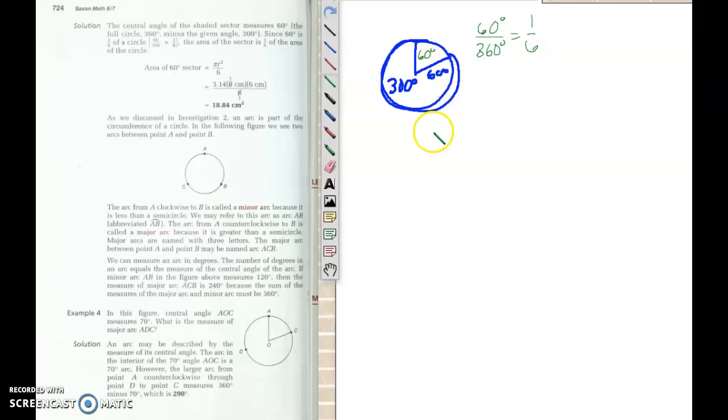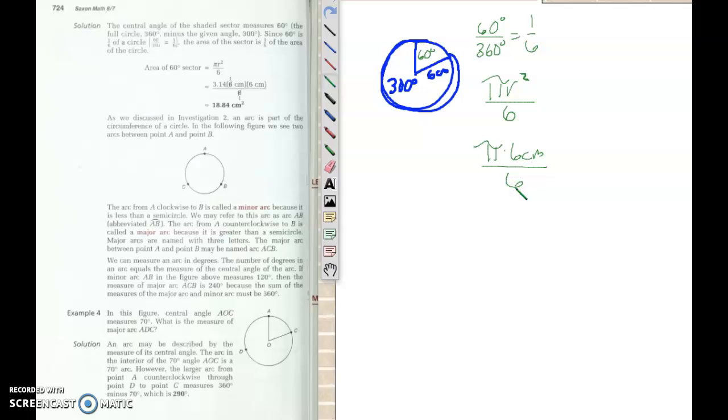So let's go back to that area of a circle is going to be pi r squared, but we're not going to divide it by 2. We're going to divide it by 6 because there are 6 pieces to this circle. When you multiply pi times the radius, which is 6 centimeters, that's what it says right here, times 6 centimeters, you're going to divide by 6.